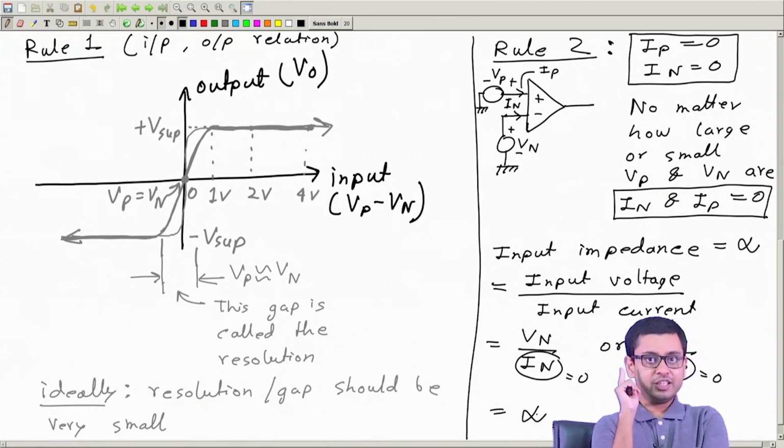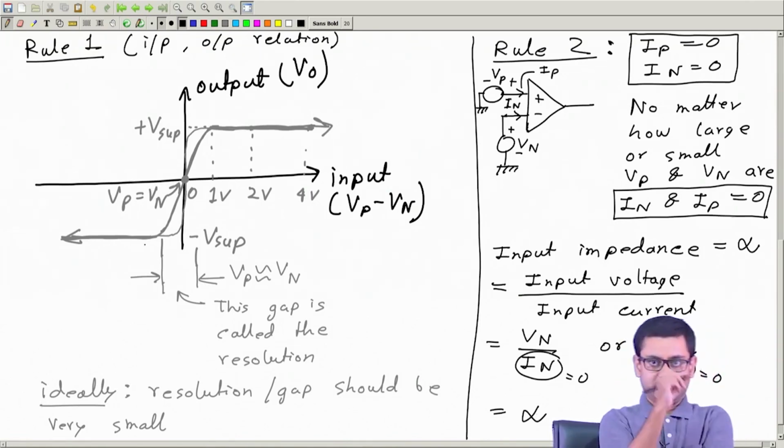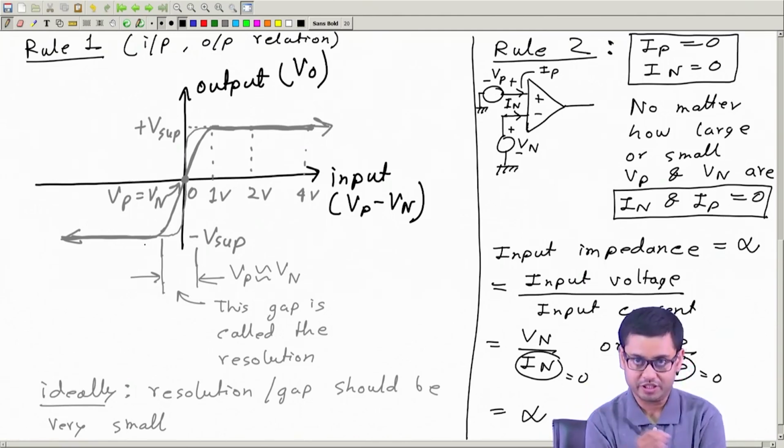Number one, the input output characteristics shown here, which if I say verbally, output is positive if Vp is higher, output is negative if Vp is lower. And rule number two, no current can go into the op amp through the input terminal, no current can come out from the input terminal. That's all. So let's continue from this point onwards. Okay. Thank you.